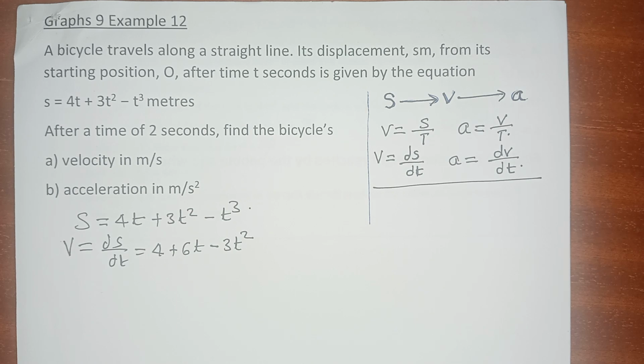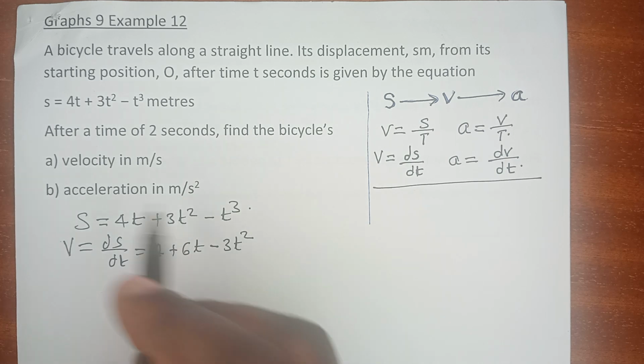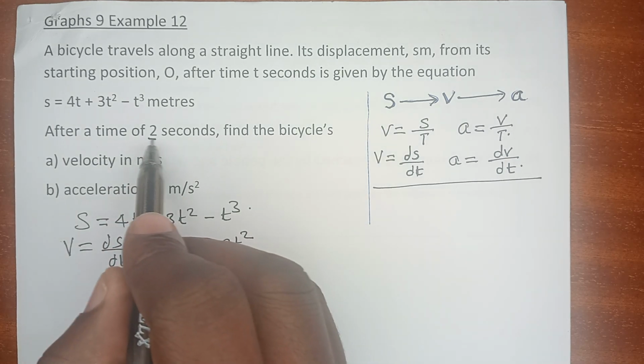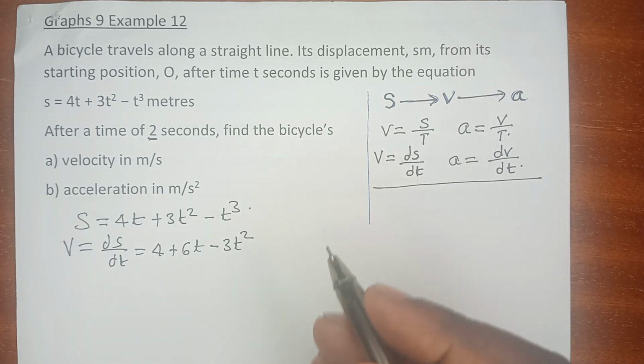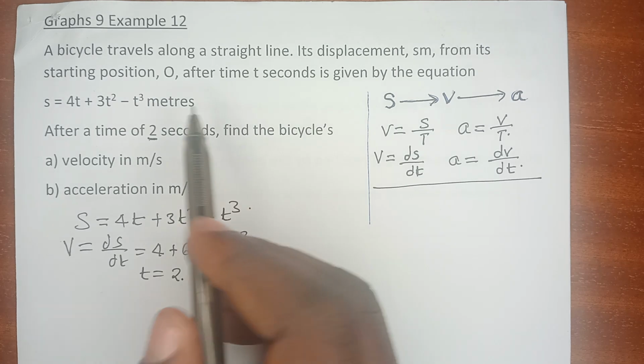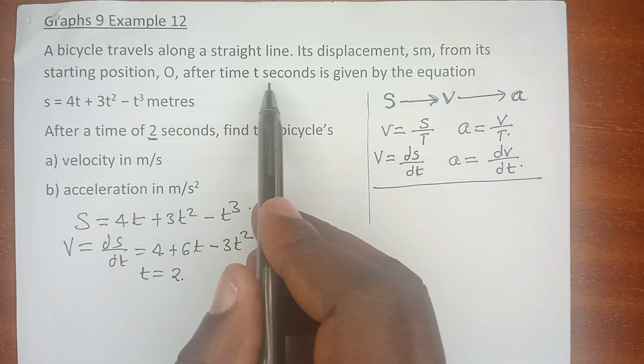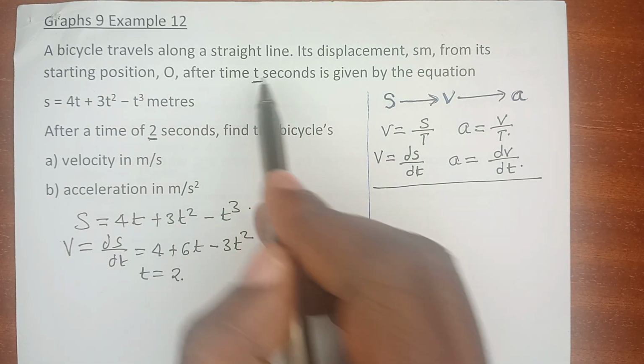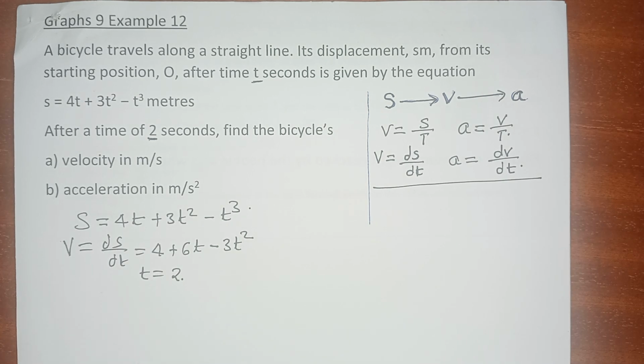And there we are. So this is how we can calculate velocity. After a time of 2 seconds, we know t is equal to 2, because after a time t seconds is given by t. So t is 2 there, 2 seconds.